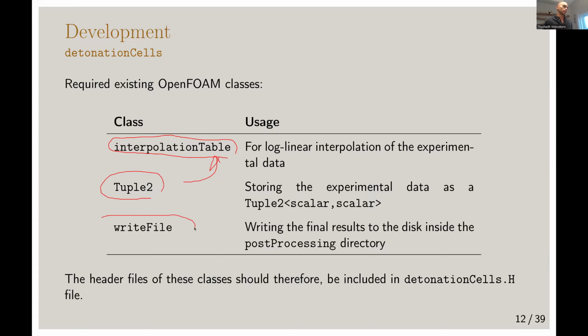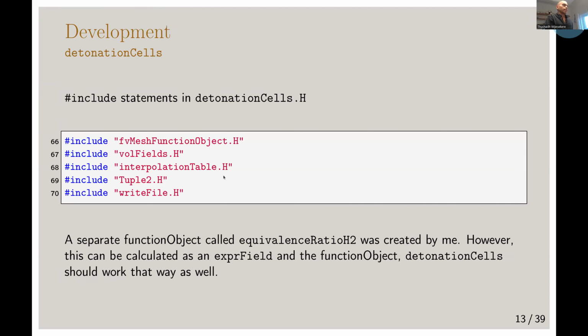Then I will use the functionalities given by the write file class to make sure that I can write the output to disk. So we have to include these required header files in the function object's source code.